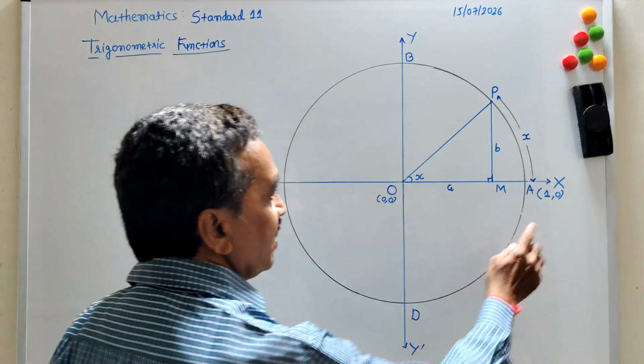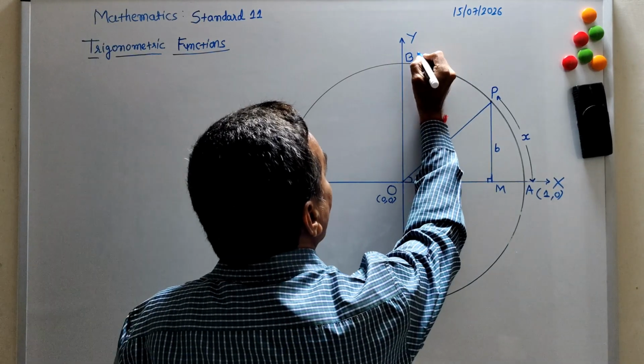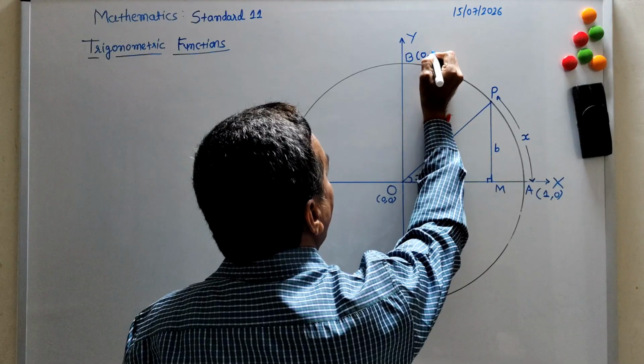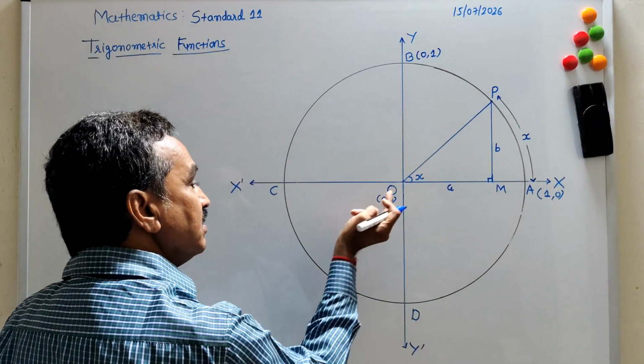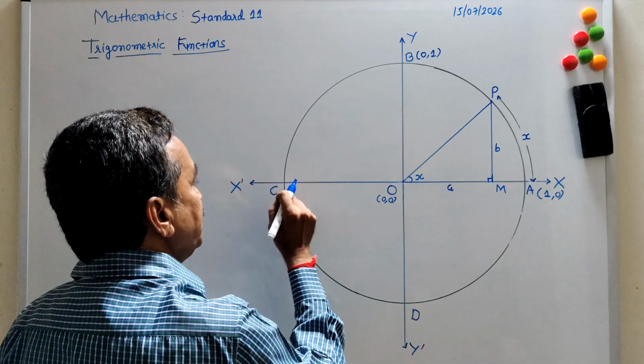That's why this is 1 and 0. This is also 1, so coordinates of B are X is 0 and Y is 1. But in this number line, this is -1.